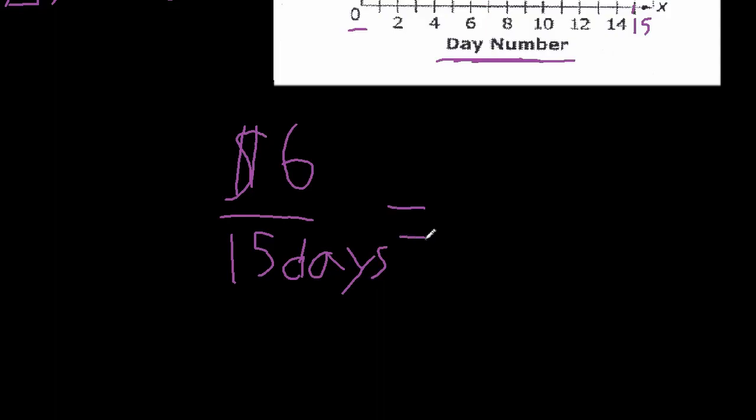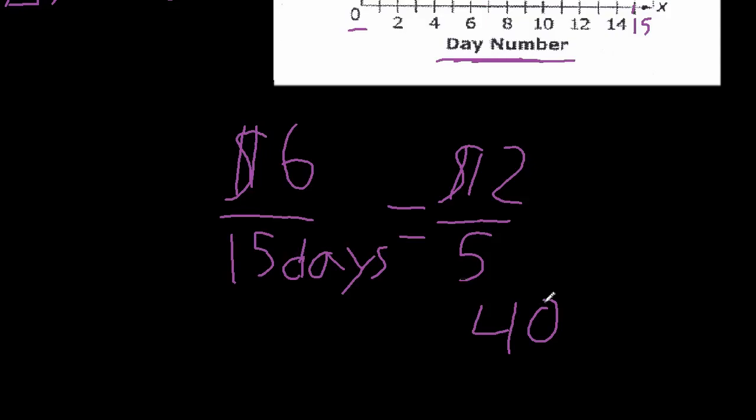If we simplify, if we divide both numbers by 3, we'll get 2. 6 divided by 3 is 2. 15 divided by 3 is 5. So in other words, we get $2 every 5 days. And that's our final answer. You can also think about it as 40 cents every day.